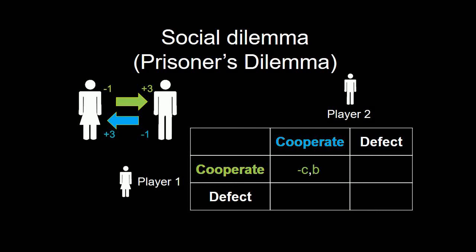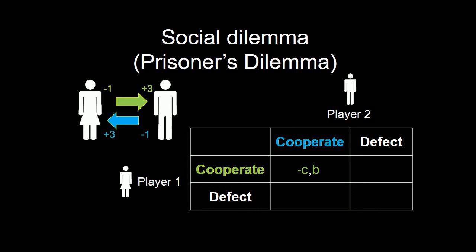Let's start in this cell here where both people cooperate. Here I'm giving a specific example of paying a cost of 1 to give a benefit of 3, but you can think about a more general one of you pay any cost C in order to give some benefit B to the other person.